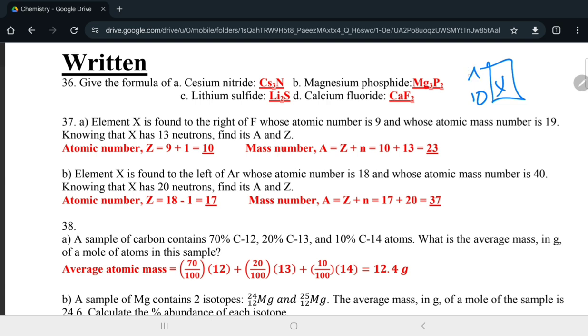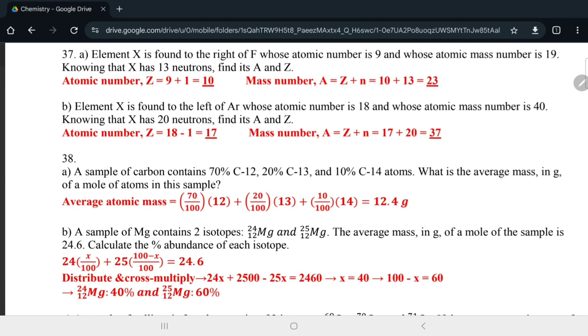Now the mass number, we find it by doing the protons plus the neutrons. We know the protons is now 10, and the neutrons is 13. So 13 plus 10 is 23. Now element X is found to the left of argon. The atomic number of argon is 18, and the mass number is 40.